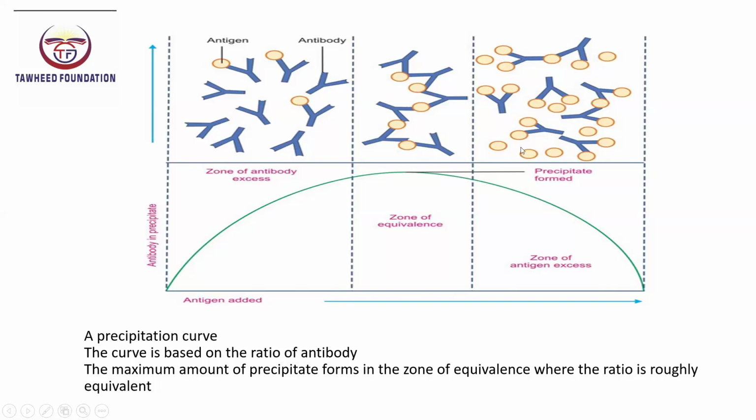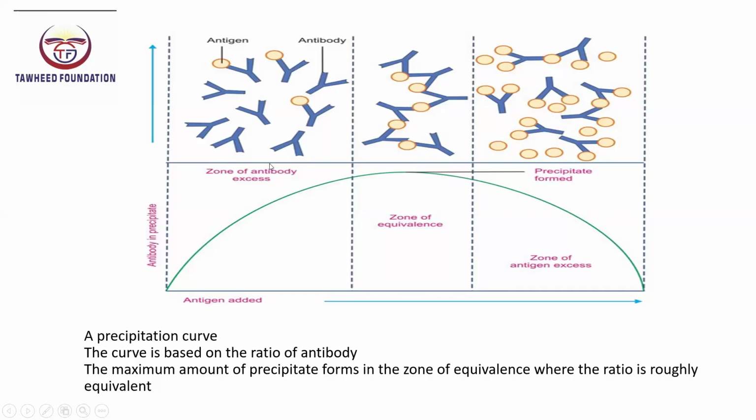As a result, only small soluble complexes form and the amount of visible precipitate decreases again. The curve slopes downward. So in this region, antigen is in excess, no lattice formation occurs, precipitation decreases.